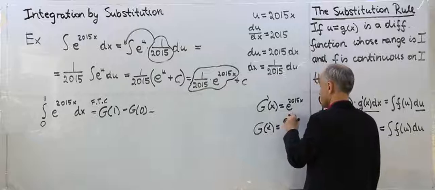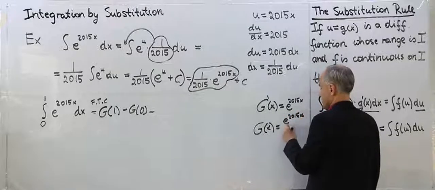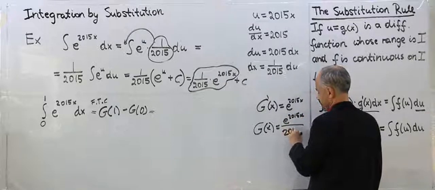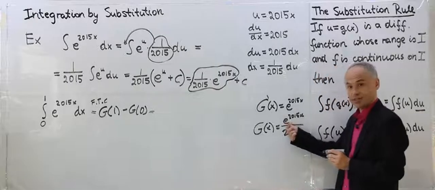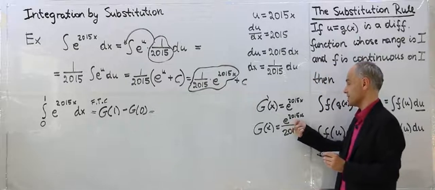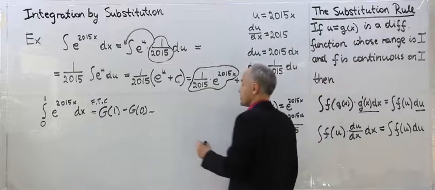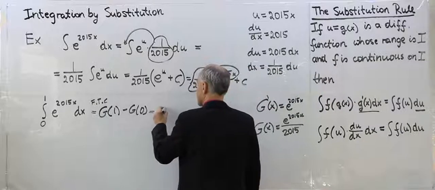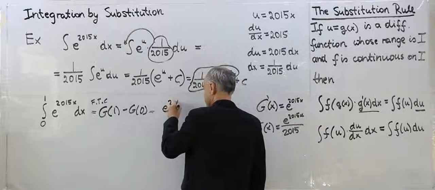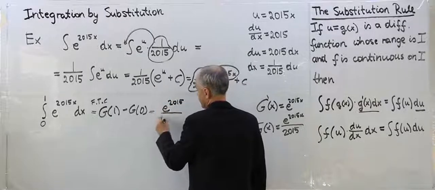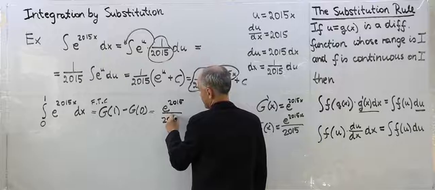So then g of 1 will be equal to what? If g of x is equal to e to the power 2015x divided by 2015, so g of 1 is equal to e to the power 2015 divided by 2015.